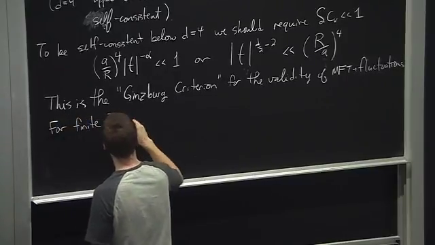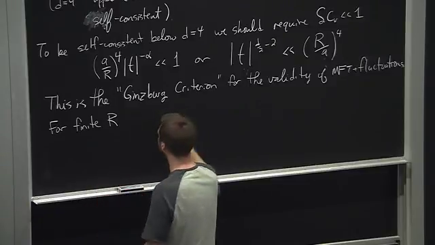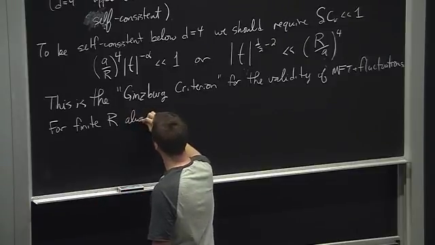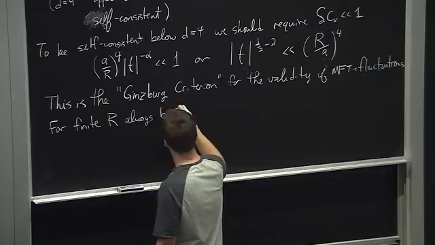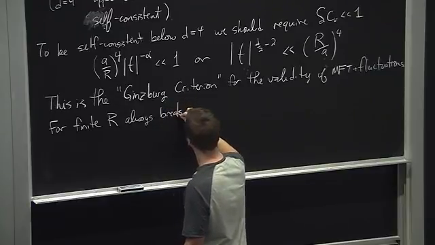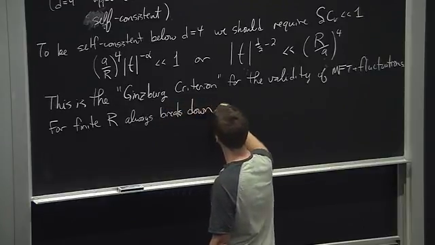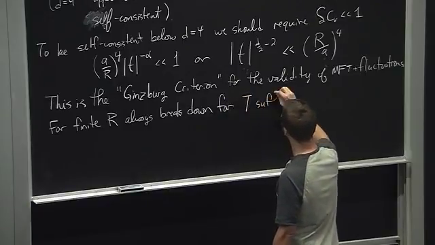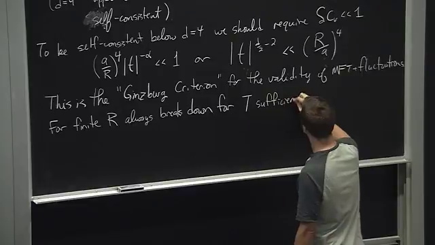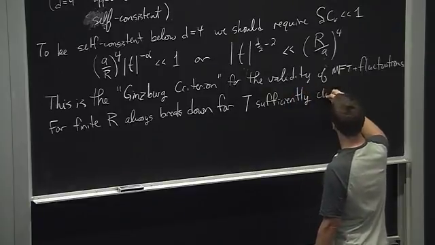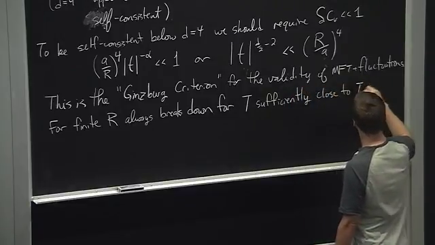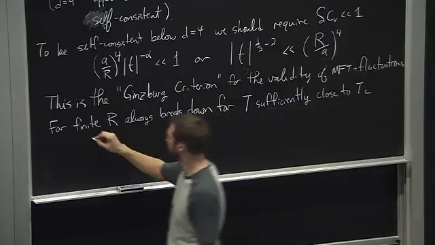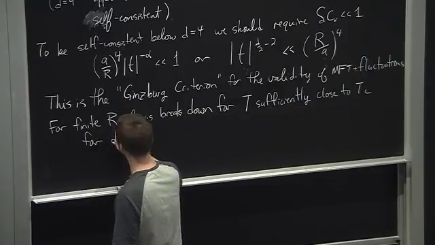For finite R, the condition always breaks down, or T sufficiently close, or D less than 4.